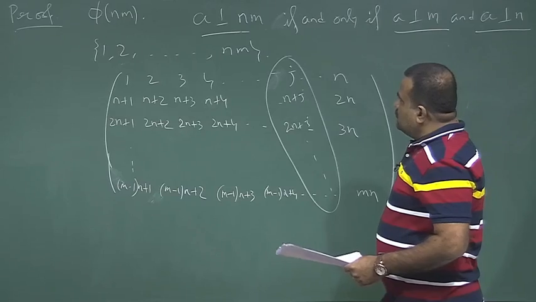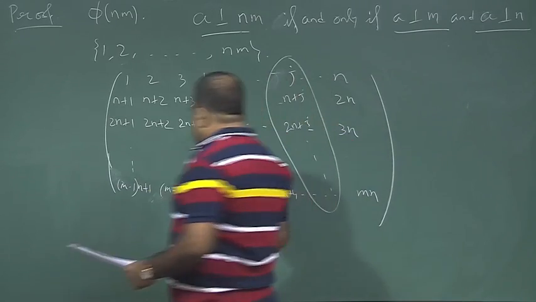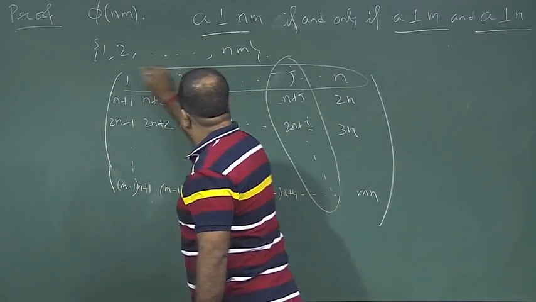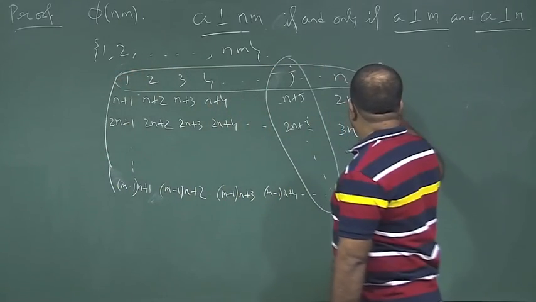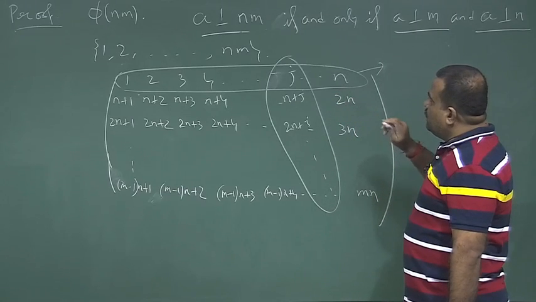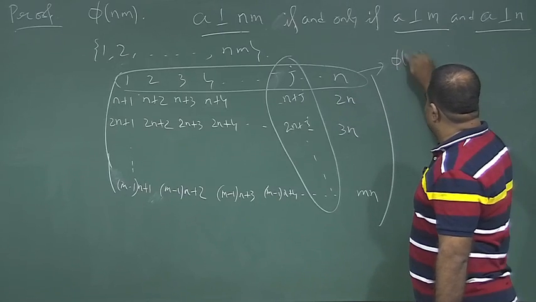Okay. So now the first row has the number of integers co-prime with n, which is basically phi n.